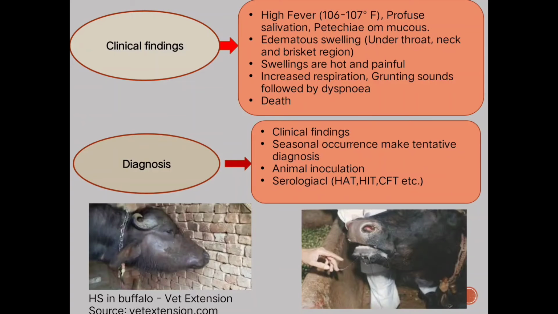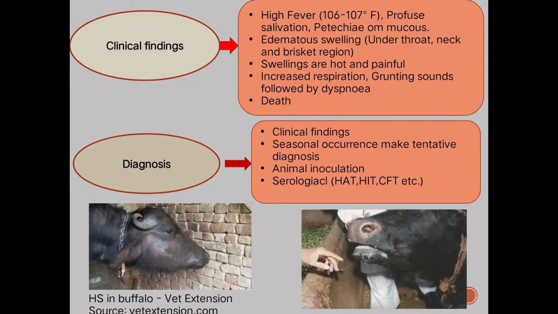Then how to diagnose this disease? Based on clinical findings like edematous swelling ventral to the neck and brisket region, increased respiration and grunting sounds. Then seasonal occurrence makes the tentative diagnosis, like during the transition at the entry of the monsoons and any severe, drastic, stressful climatic conditions, this disease will break out.